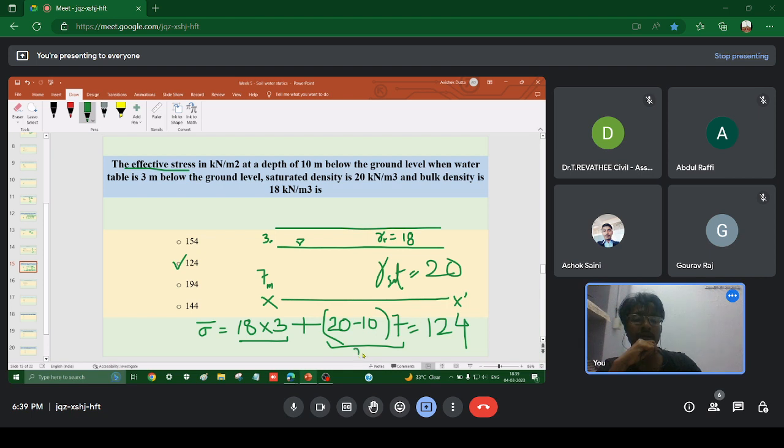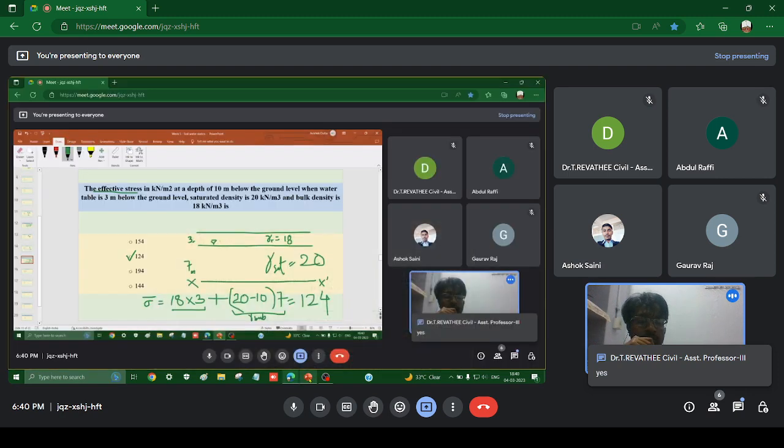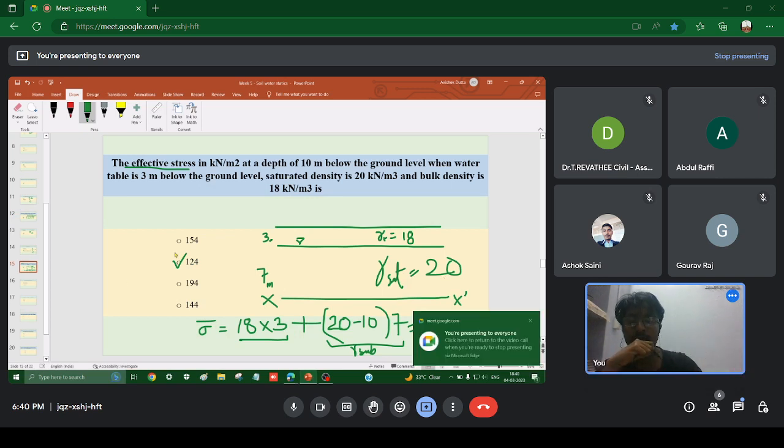This is gamma submerged. Okay. This value 20 minus 10 is gamma submerged, into H, and over it gamma T into H. So it is 124 kilonewton per meter square.